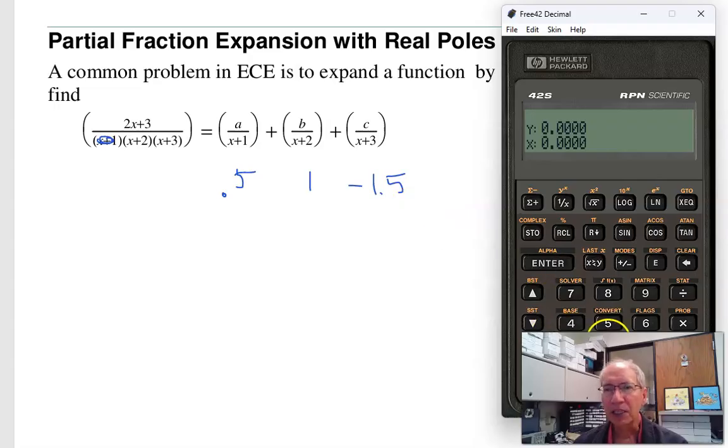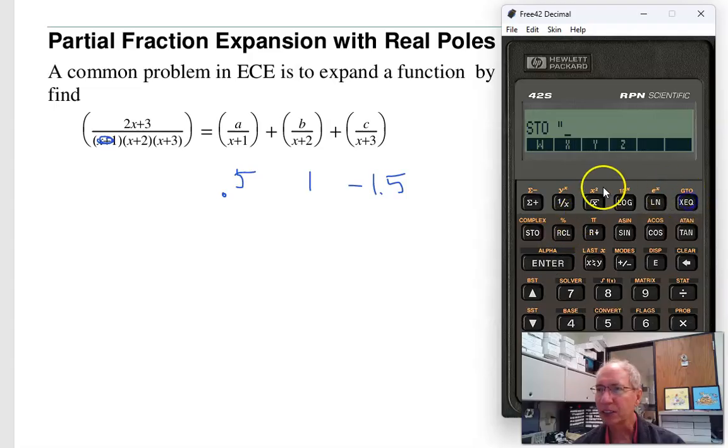I would take -1, store it in x. To store in a variable, I would do store, and I've created x before. If I want to create a new variable, I would do alpha, let's call it z. I now have a variable z that I can pull back.